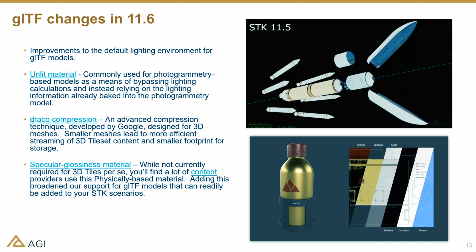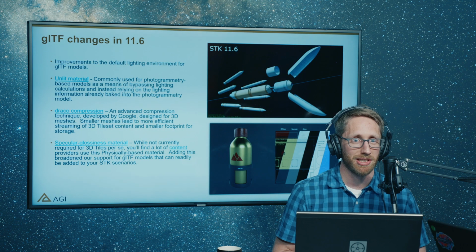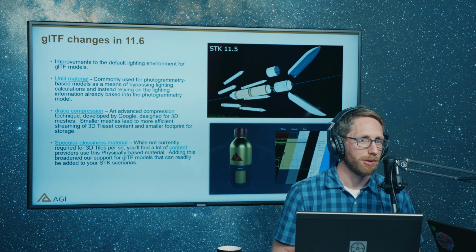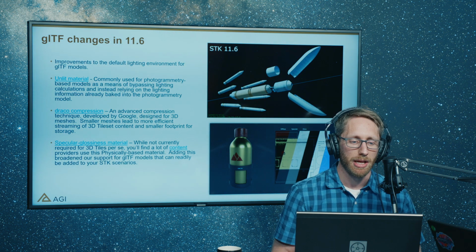Now, I say 3D tiles for those. We added support for 3D tiles in 11.6, but before doing that, we had to add support for some glTF extensions. As I mentioned, glTF is the primary payload of 3D tiles. There's a lot of data, like if you had massive photogrammetry models, they will often be using the unlit material.